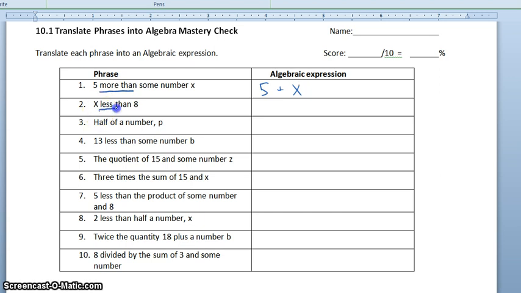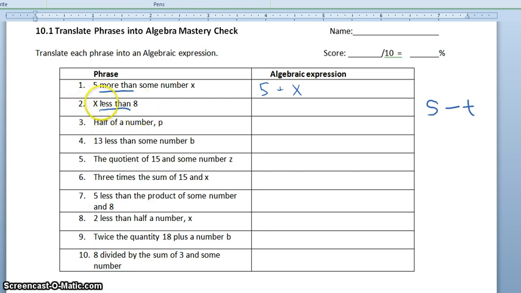Number 2 says x less than 8. So less than is my key phrase, and I remember that that means I'm supposed to subtract. I'm going to think about the order here, because in subtraction, order does matter. Remember that the first number before your subtraction sign is the starting amount, the amount you start with. And then after the subtraction sign is the amount that you take away. So T for take away. So if I have x less than 8, that means I am taking away x.